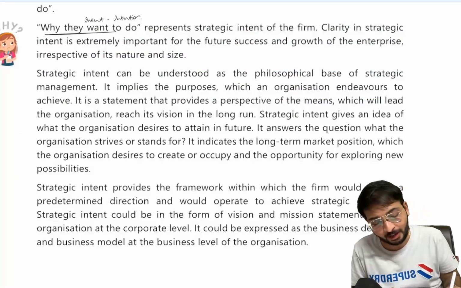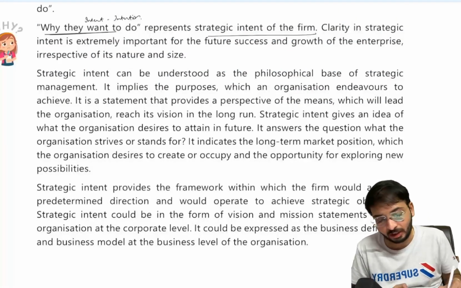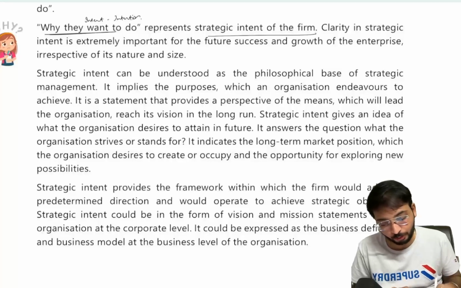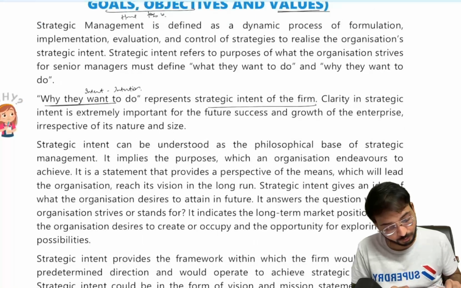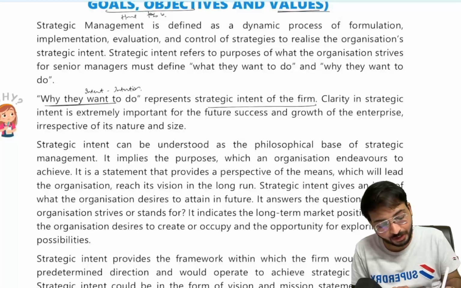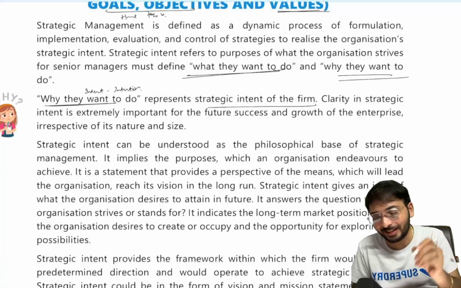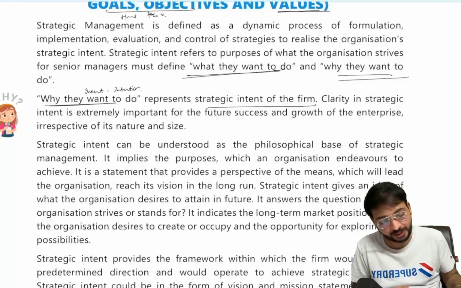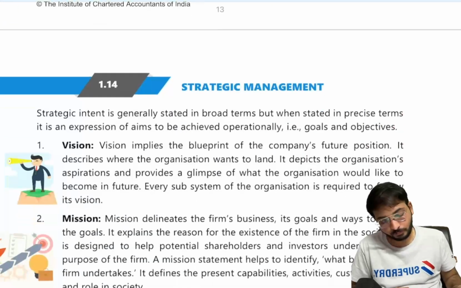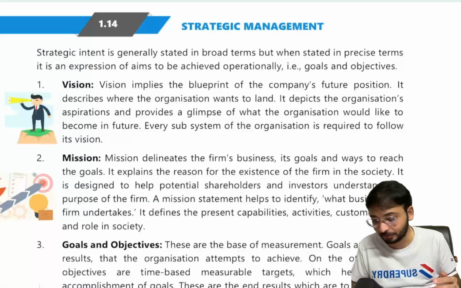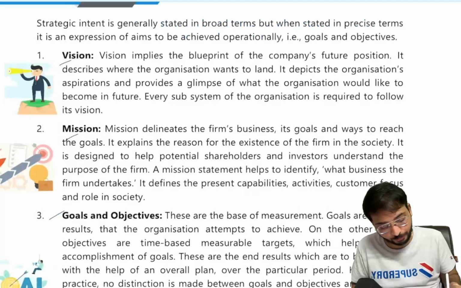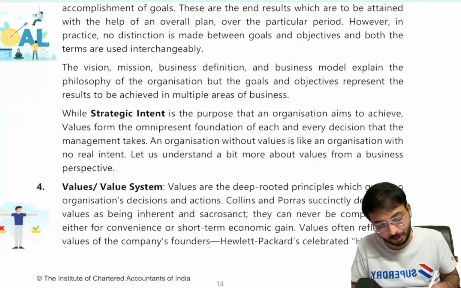So intent represents the strategic intent of the firm, what you want to do. Every senior manager must define what they want to do and why they want to do that. Why is nothing but your intent, right? So intent has vision, mission, goals and objectives, and it is all governed by values.